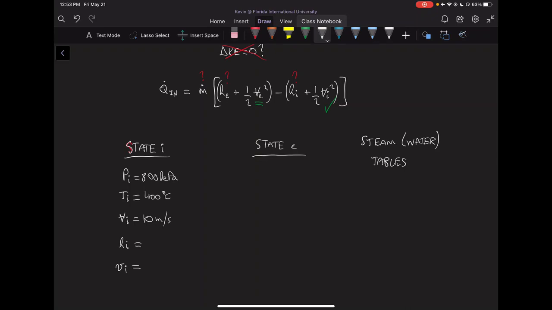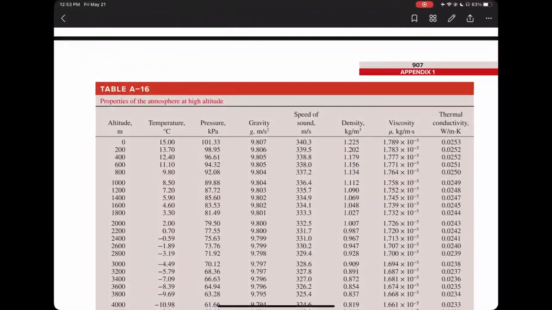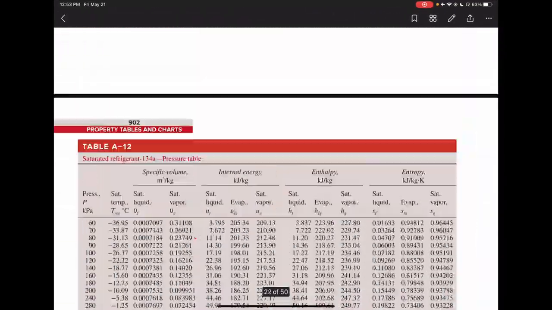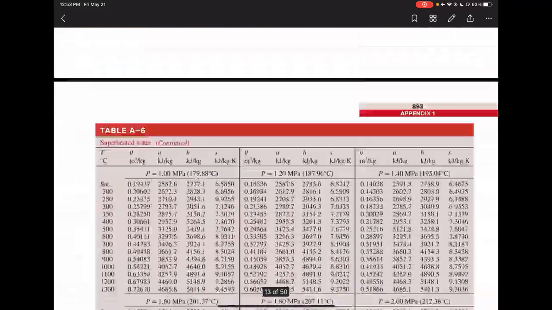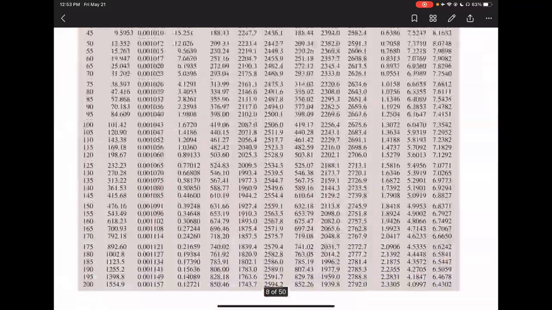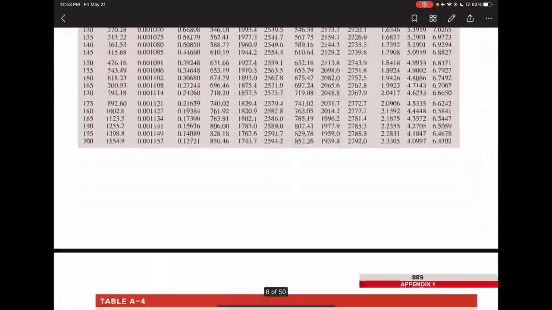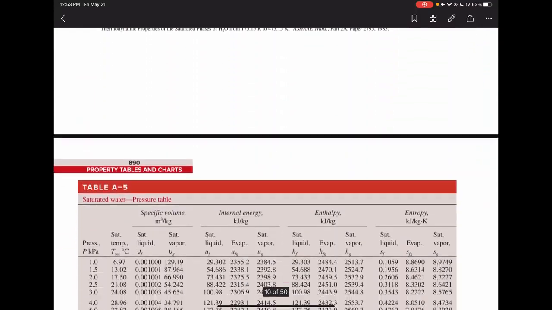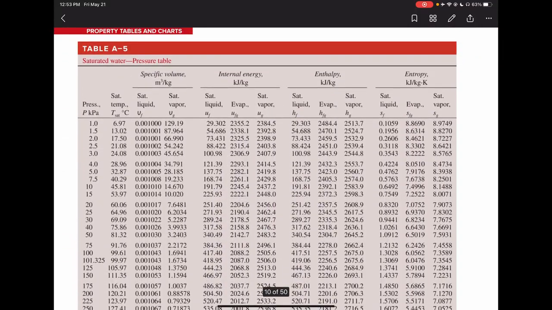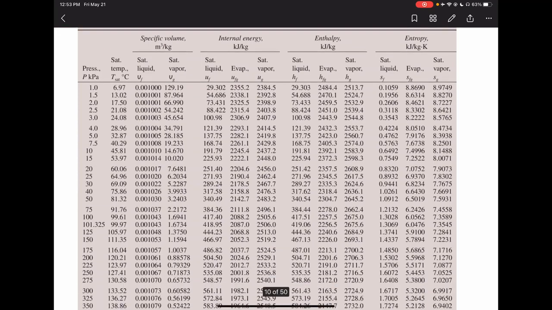Now, in order to find this value, we're going to go to our tables and try and figure out HI and VI. So if we go to table A4 for water or A5, I'm going to start with A5 since we have pressure and temperature. I prefer always starting with pressure to determine if we have a saturated mix, a superheated vapor, or a compressed liquid.